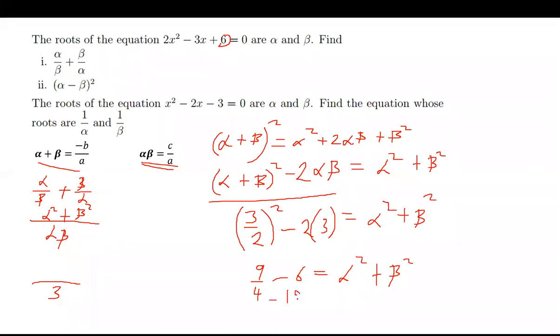So this negative 15 over 4 is the one that you put there. Then when you simplify this, you get negative 15 over 12 as your answer. So this can also be simplified to negative, 3 into 15 there is 5, 3 into 12 you get 4.